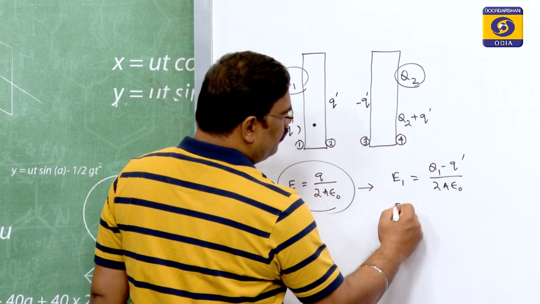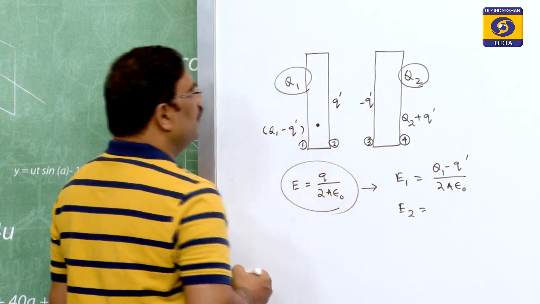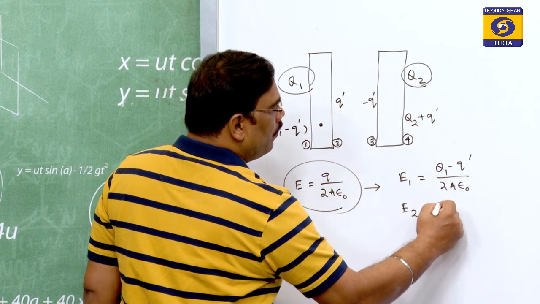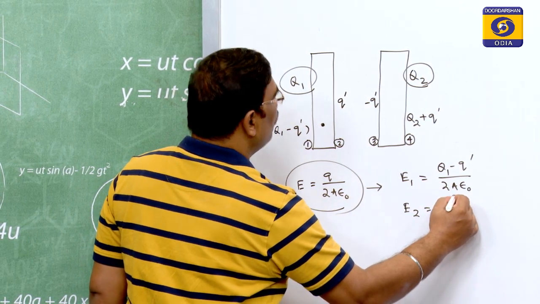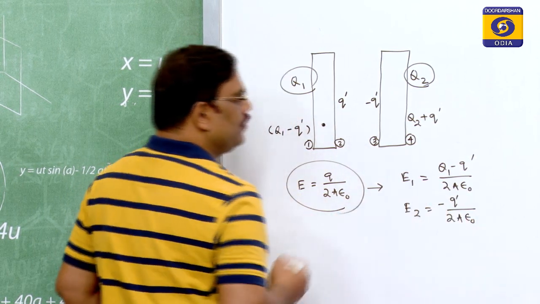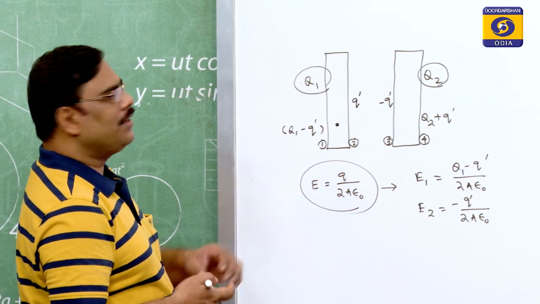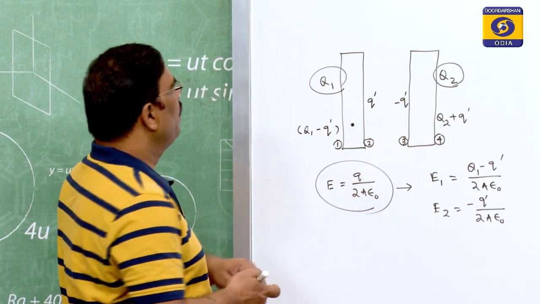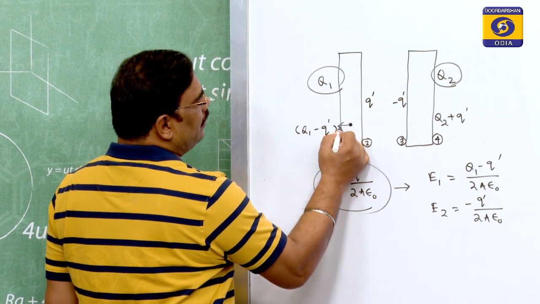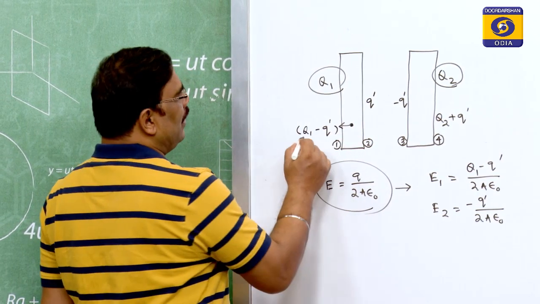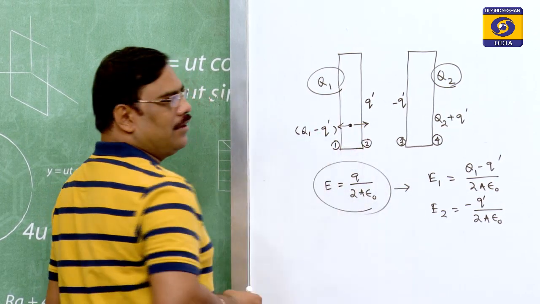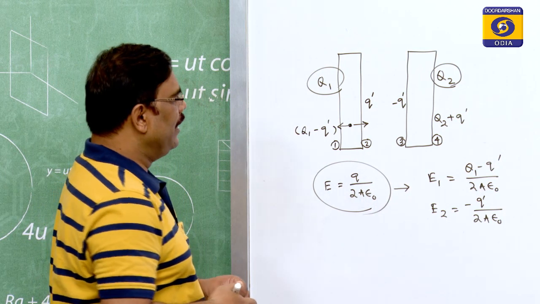E2 is minus q dash divided by 2a epsilon naught. The negative sign is because, supposing both charges are positive, q dash will produce an electric field towards the left and q1 minus q dash will produce an electric field towards the right, both away from the plates.